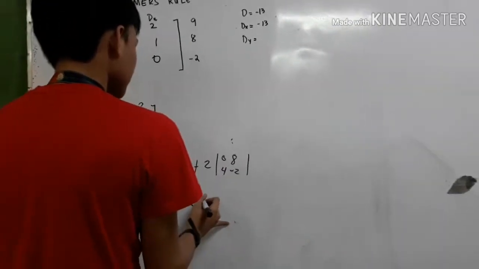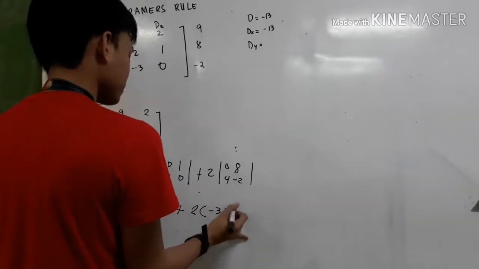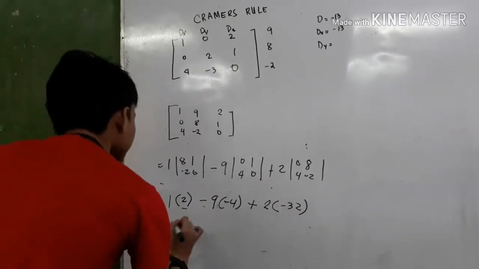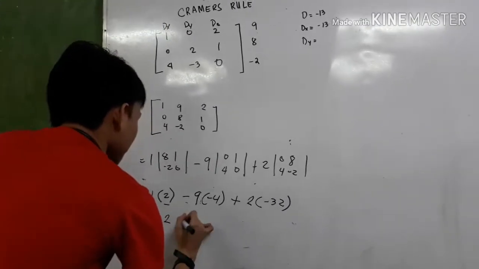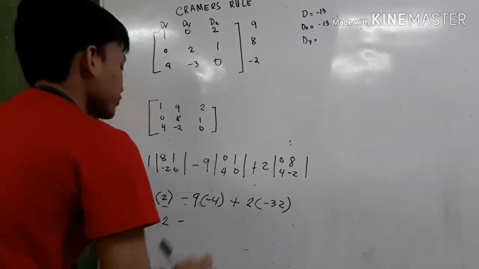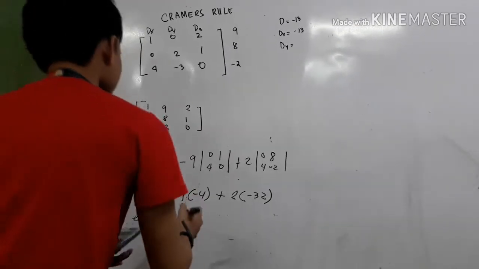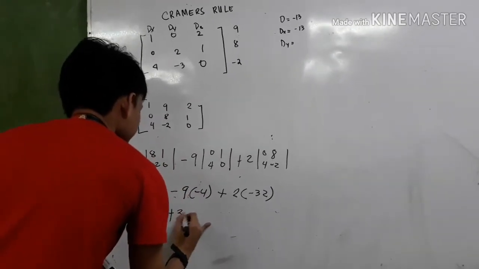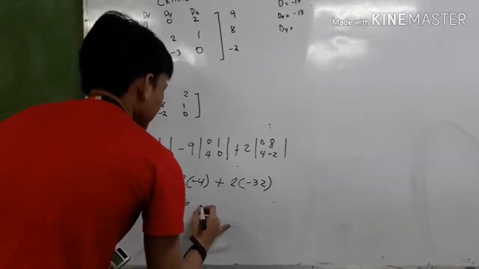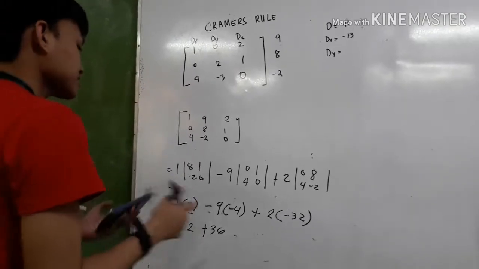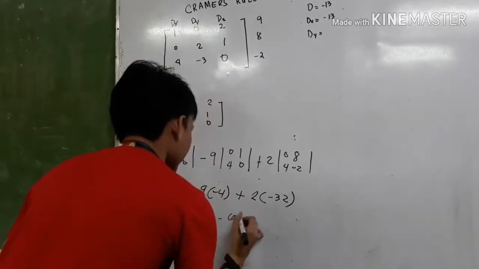So 2 times negative 32. So 1 times 2 is equal to 2 minus 9 times negative 4 is equivalent to positive 36. Minus 32 times 2 is equivalent to 64, so minus 64.